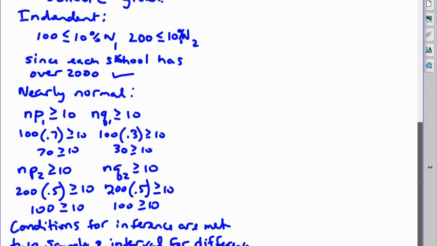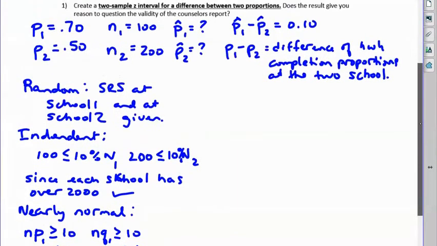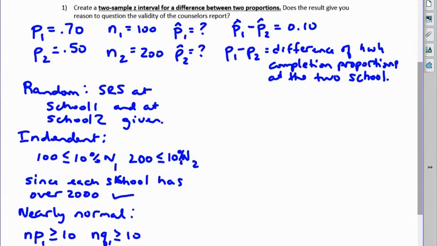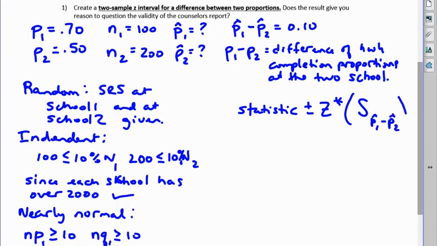So let's go up, and because I've got some room up here, I'm going to start writing out my interval. So just like before, we've got our statistic plus or minus our critical Z times our standard error for the difference of our two proportions.